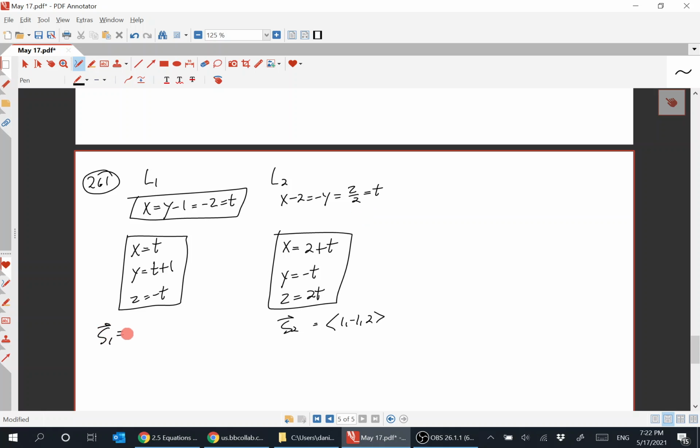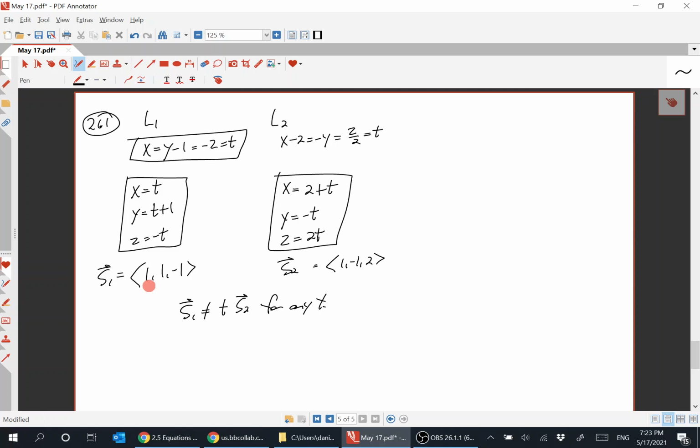Slope 1 is equal to 1, 1, minus 1. Are those vectors multiples of each other? Can I multiply s1 by some scalar k to get s2? Well, obviously not.